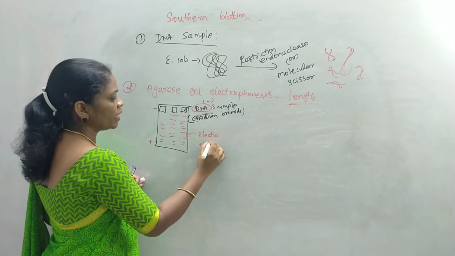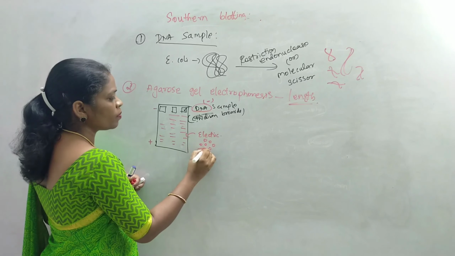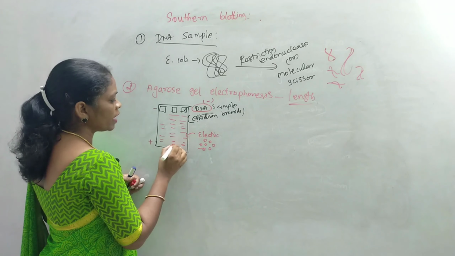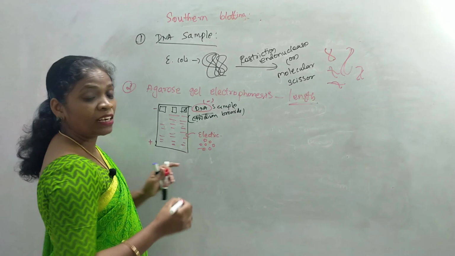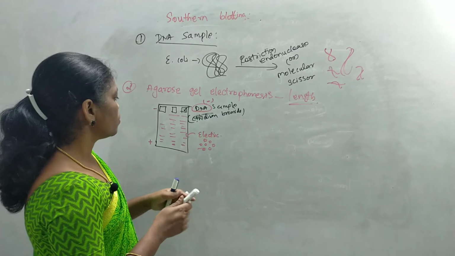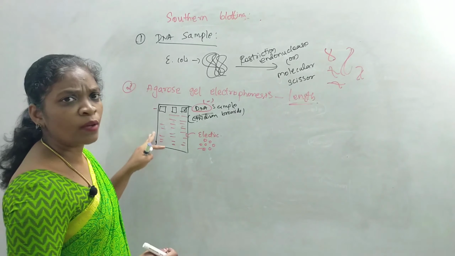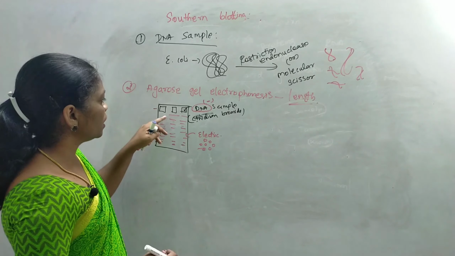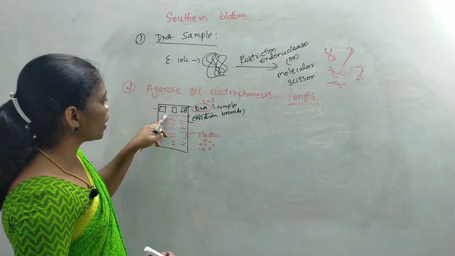To travel through the small pores, the shorter fragments move fast, but the longer fragments take time to cross the pores. As a result, we get the DNA samples in a separated form. The longer fragments are here and the shorter fragments are here.